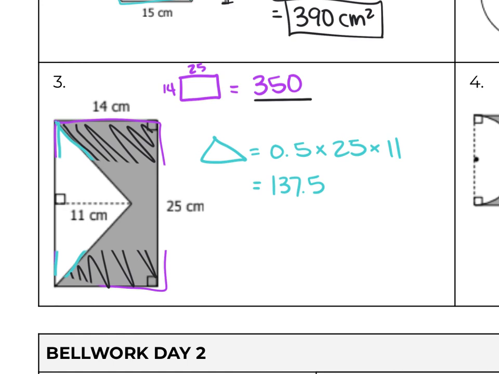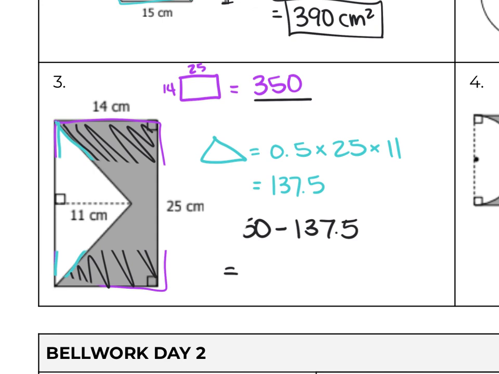Okay, and then Alyssa, if I want the shaded area only, so I have this paper, for example, and I cut out a triangle, what am I going to do? So this is the part I want. What was the rectangle's area? We have that, right? The 350? Okay, so you have that. You're cutting out the triangle.